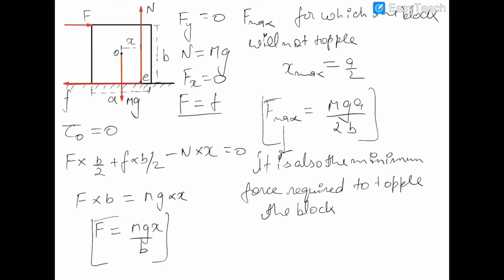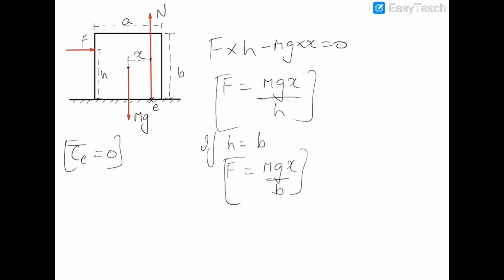So you can either balance the torque about the center of mass, or balance the torque about the effective point of contact. Now there is one more method to solve these kinds of questions, that you can also calculate the torque by force couple.